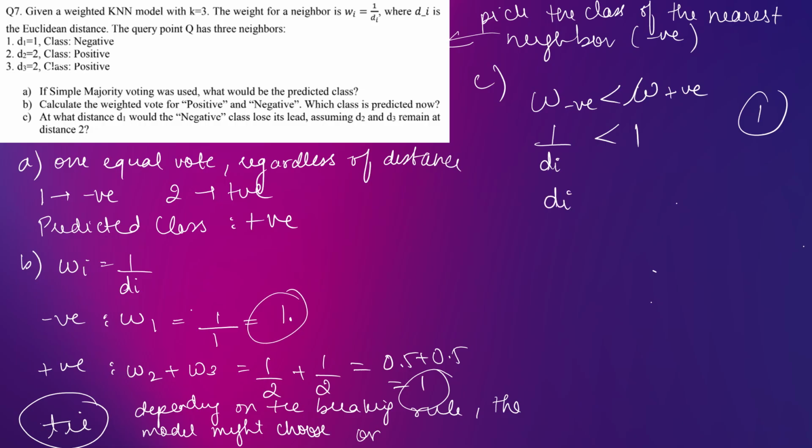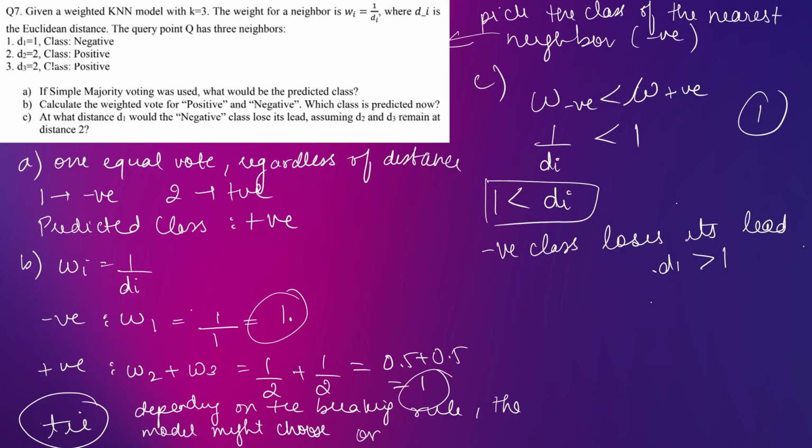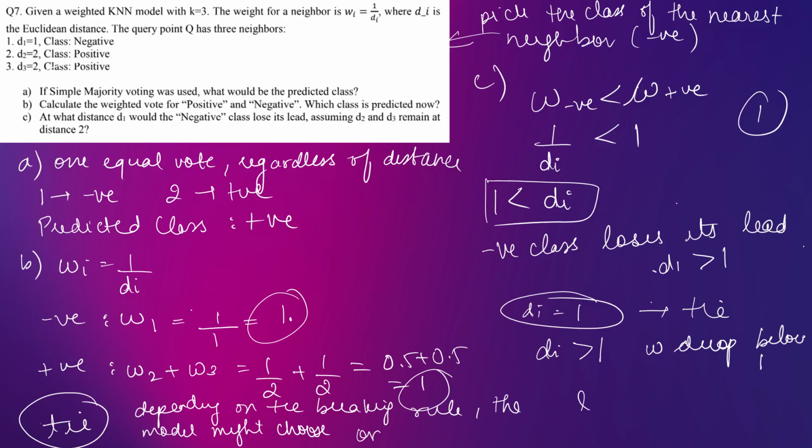So negative class loses its lead when d of i is greater than 1. But when d of i is equal to 1, there it will be a tie. But as soon as it increases from 1, the weight will drop below 1 and positive class will win.